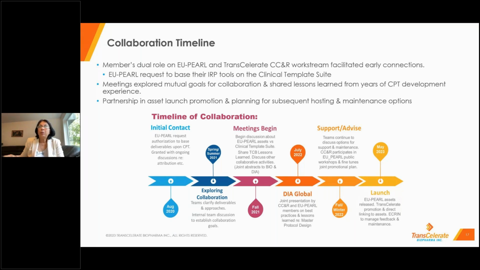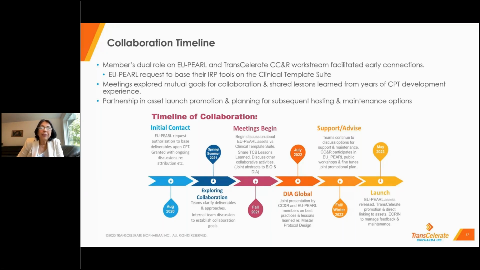So what did happen is I will briefly walk you through our timeline of the collaboration. Initial contact was made with TransCelerate in August of 2020. And then we started exploring the collaboration, and the teams met to clarify the deliverables and the approaches.